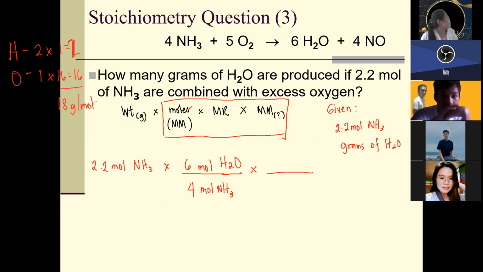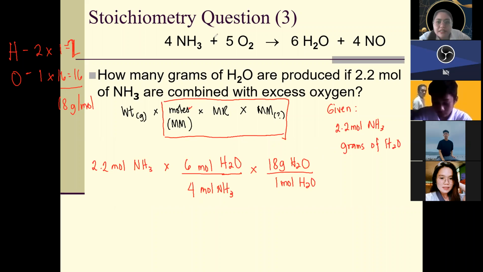You have 2 atoms of hydrogen times 1, that's the atomic weight, equal to 2. And then oxygen, you have only 1 atom times 16 for its atomic weight, equal to 16. Then let's add this. You have 18 grams per mole. So you will write it here: 18 grams of water is equivalent to 1 mole of water.